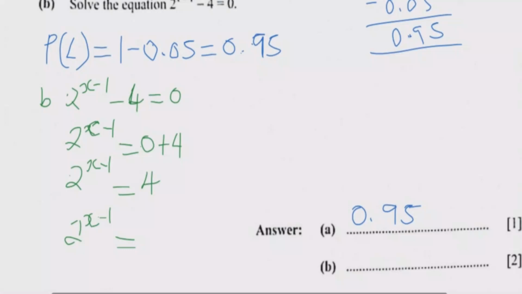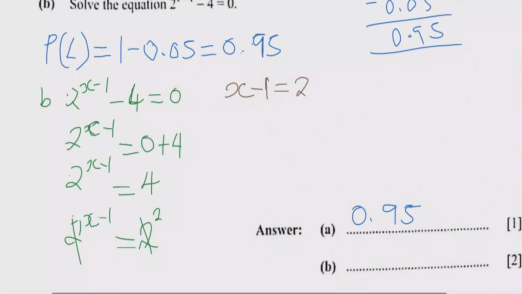So we're going to have 2 raised to the power of 2. Now since the numbers have got the same base, we can cancel out the bases. Then we remain with the powers. So the powers we have are x minus 1 is equal to 2.